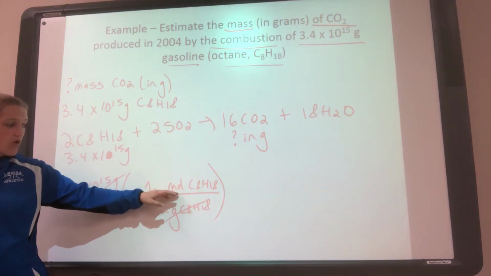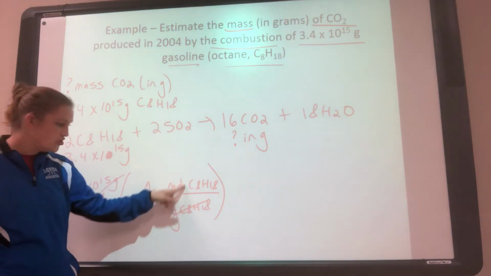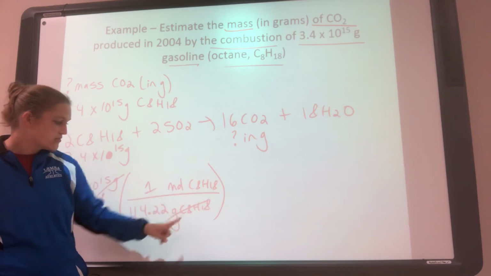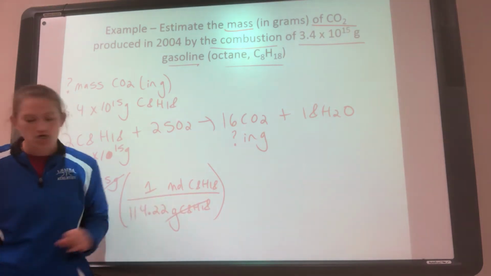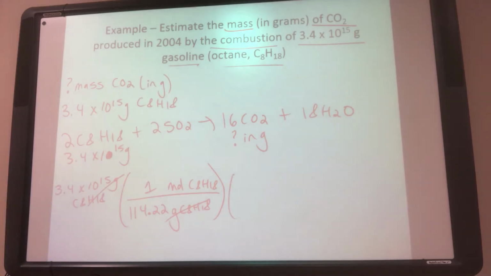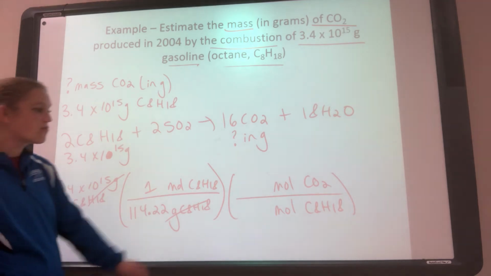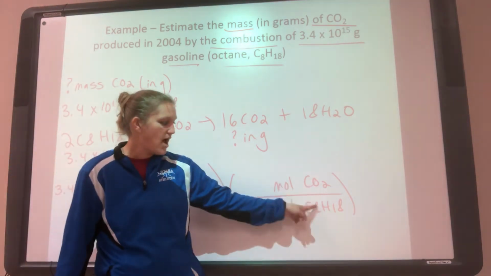Now that I'm in moles, now that I have the correct unit, I can switch the guy. I had to switch the unit before I could switch the compound. So now I can go from moles of C8H18 to moles of my CO2. Because I'm in the right units, I can switch it.